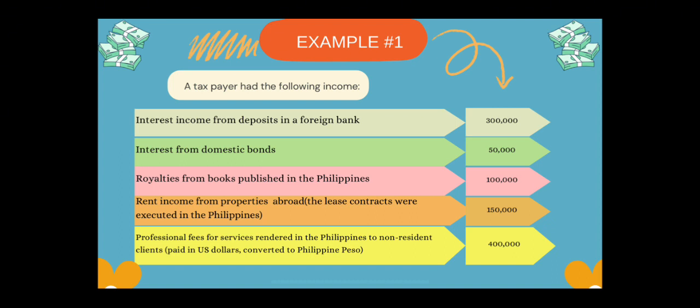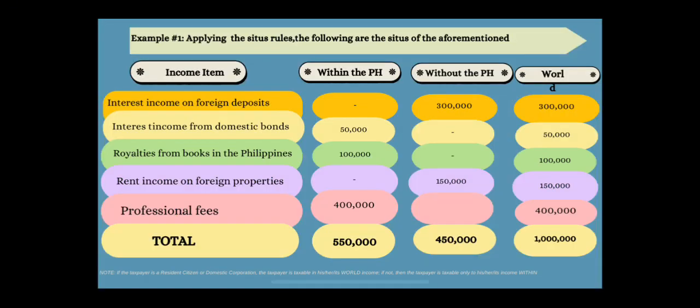So, if the taxpayers are resident citizens or domestic corporations, the taxpayer is taxable on his or her or its worldwide income. If not, then they are taxable only on income within the Philippines.